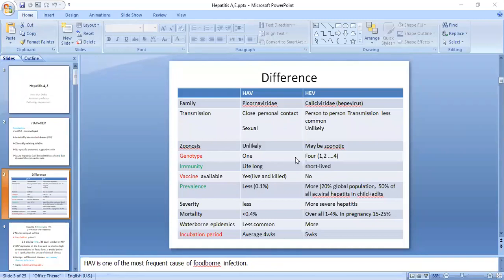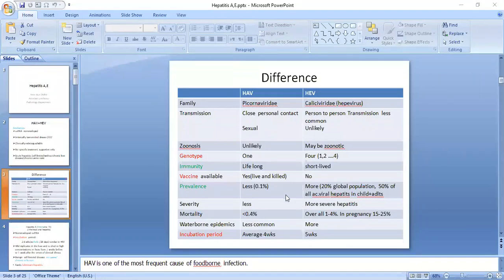Fortunately, in case of hepatitis A virus, the vaccine is present. In case of the E virus, the vaccines are in trials. There is no vaccine available.